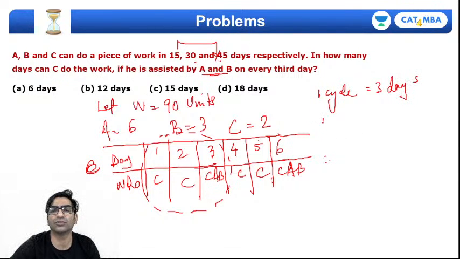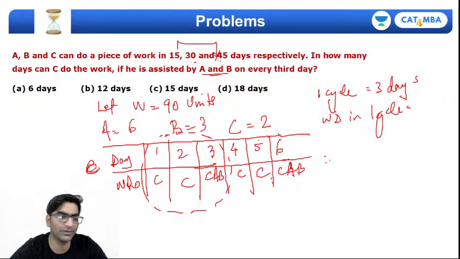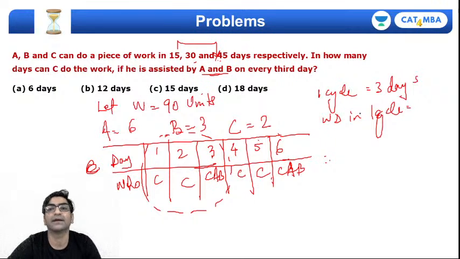Okay. So work done in one cycle is the work done in 3 days. In one cycle, work done will be C does 2 units. Right? Second day also C will do 2 units.